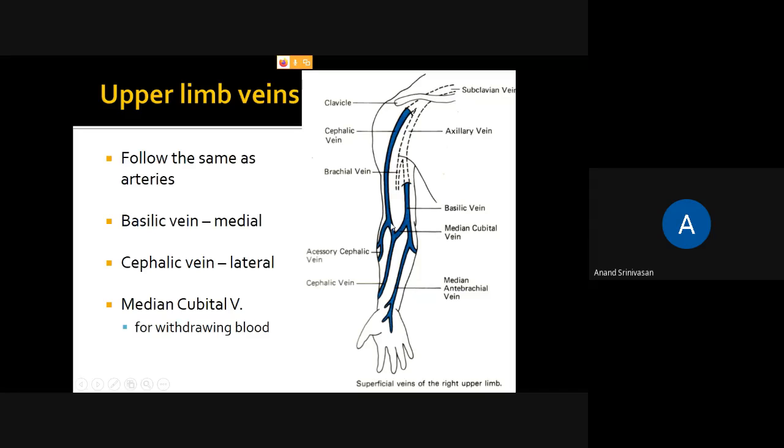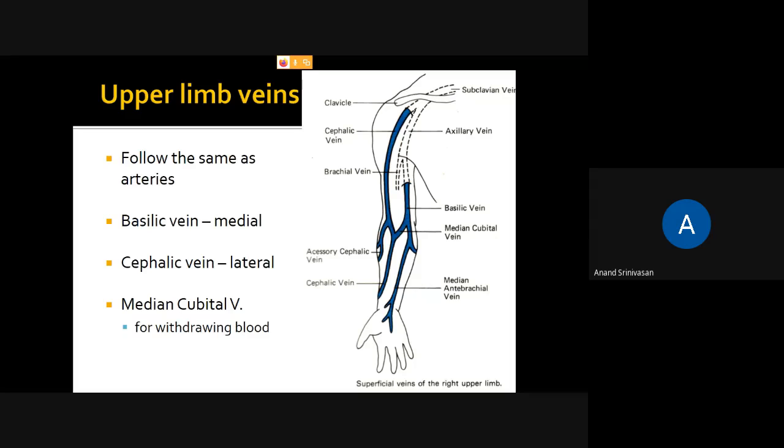Now both the cephalic and the basilic vein are joined near the elbow by another vein which is called the median cubital vein. Look at the spelling, N. It's not medial. Median cubital vein. If you have gone for any blood test, where do they draw the blood?